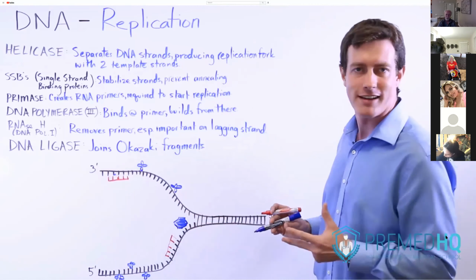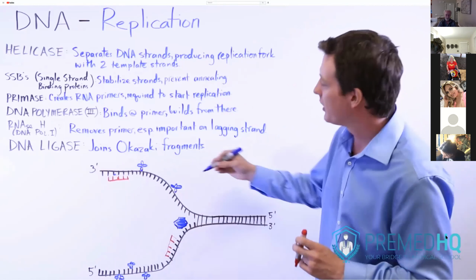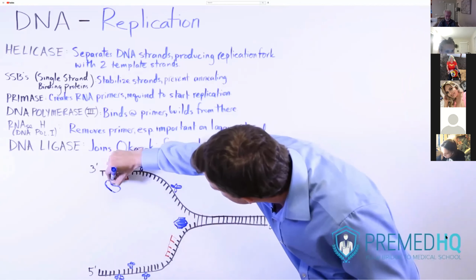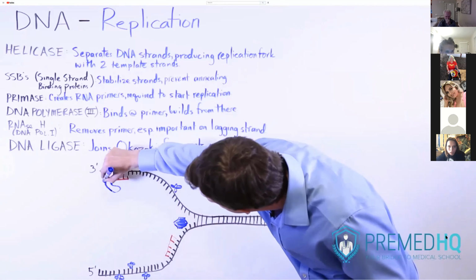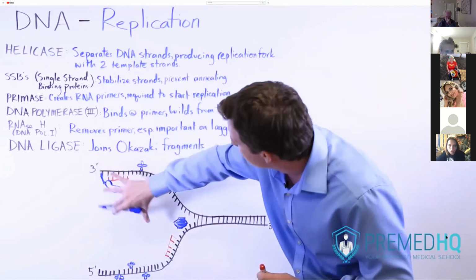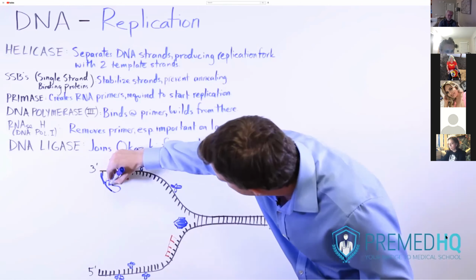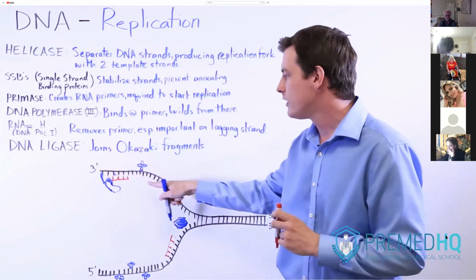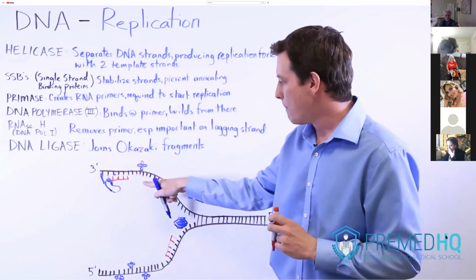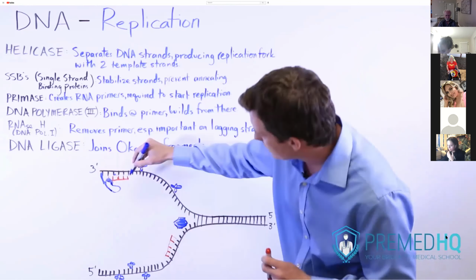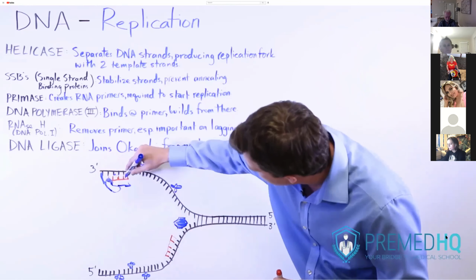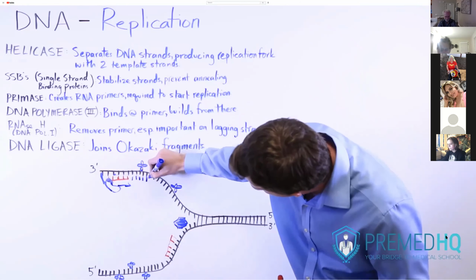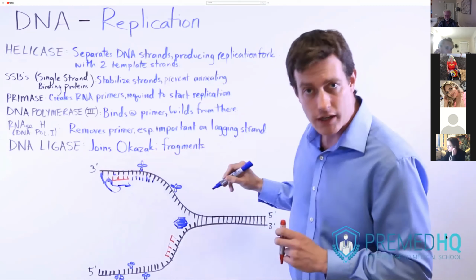The next step then is that DNA polymerase arrives. And this isn't an exactly faithful depiction of DNA polymerase, but you get the essential idea that it's something that connects to the template strand. And what it will do is it will essentially move along and produce more and more DNA. And so the polymerase will move in this direction and it will add bases that are complementary to our template strand.